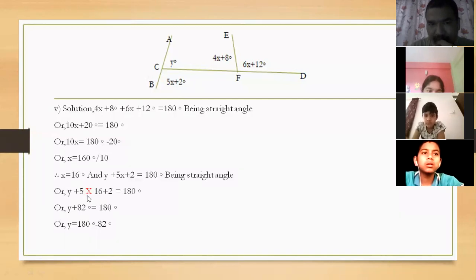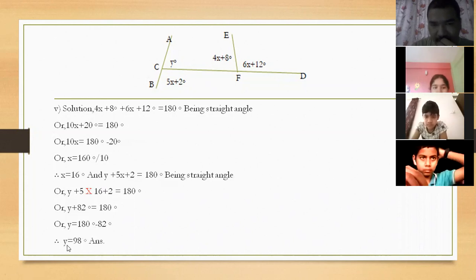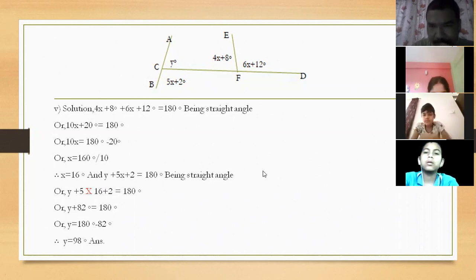In place of x, we are keeping here 16. 5 into 16 will be there, 80 plus 2, 82. When 82 goes this side, subtract, then you will get the value of y, 98 degree.